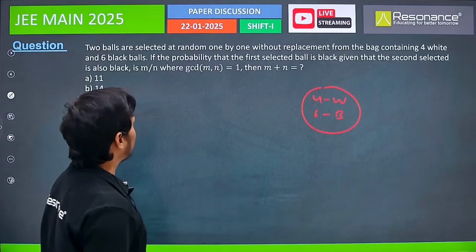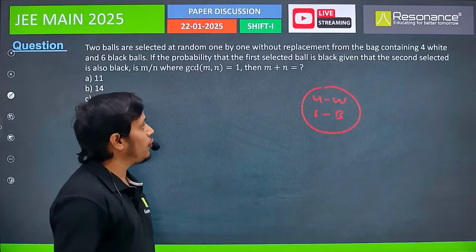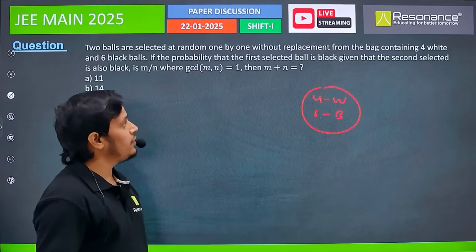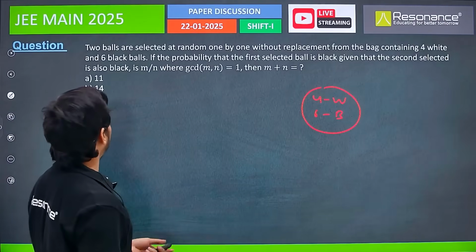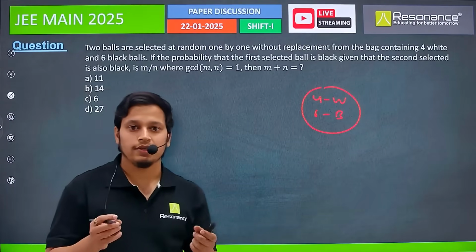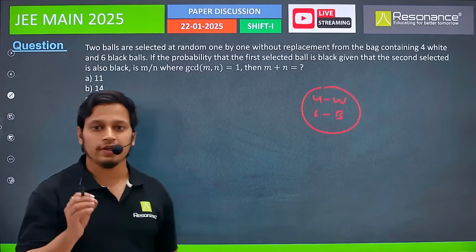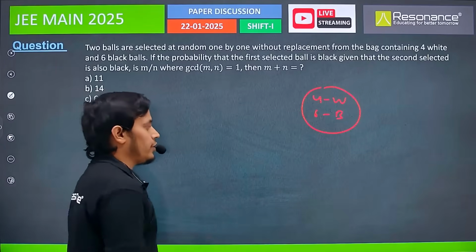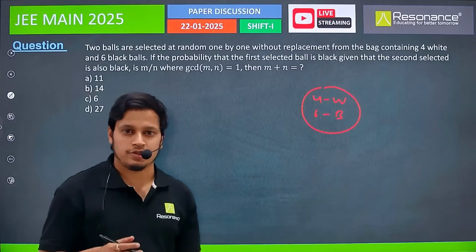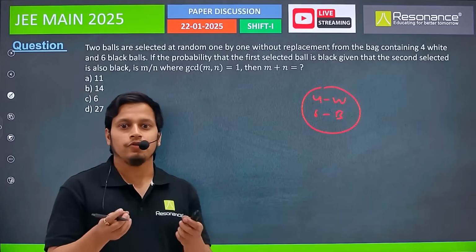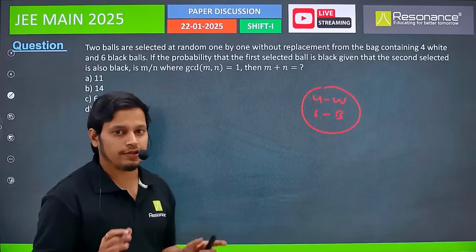Okay, then the probability that the first selected ball is black, given that the second selected ball is also black. It is given that the second selected ball is black, so we need to find the probability that the first one is also black.